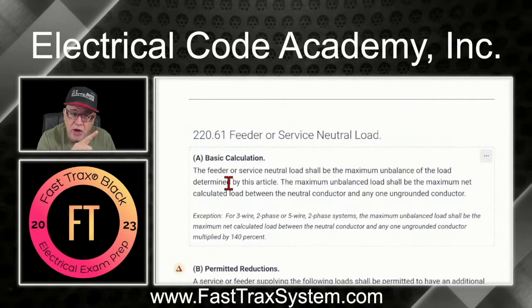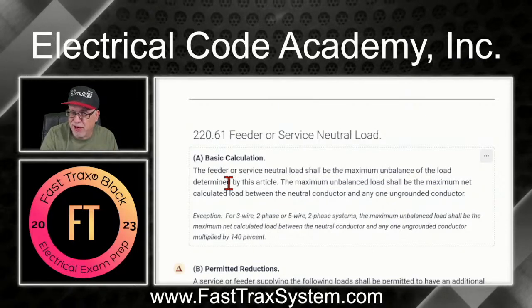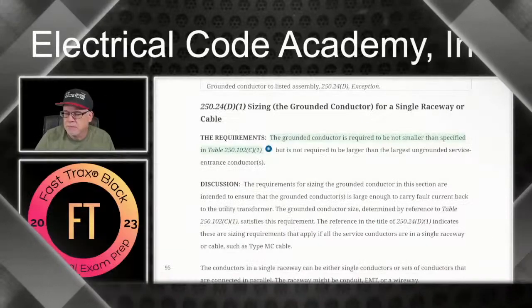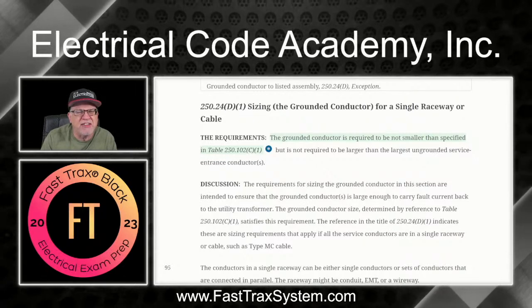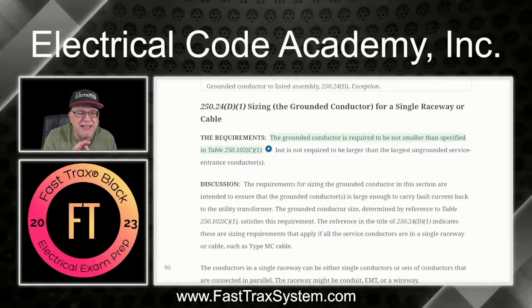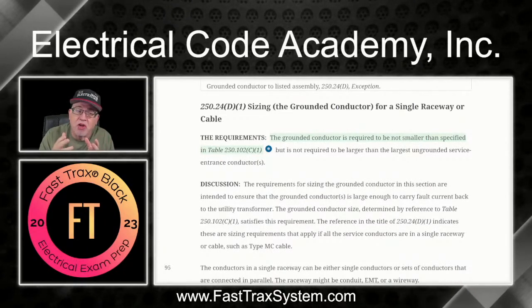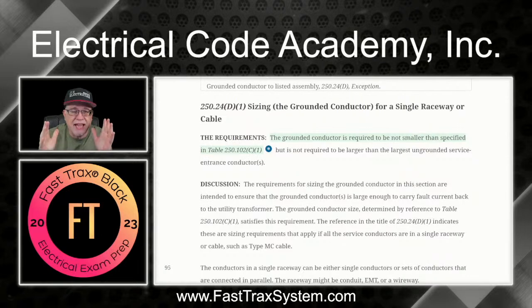Now, we can go back and see what the minimum size of that grounded conductor has to be. In your code book, you're going to be looking at 250.24(D)(1). So this is sizing. The first thing we're talking about here is a single raceway or a single cable, or it could also be a single metal wireway connecting two cabinets.